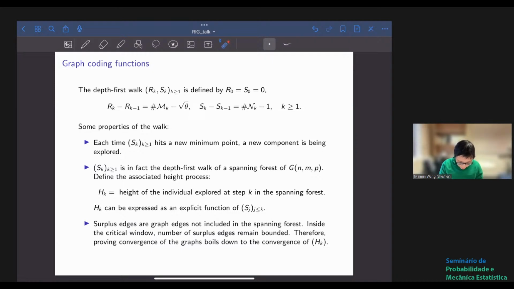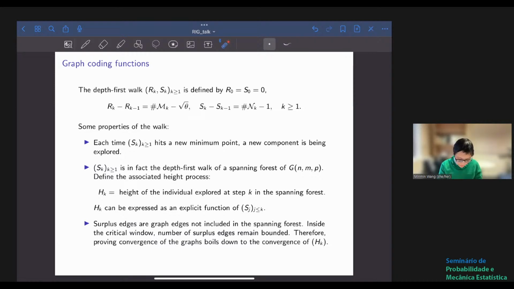Once you have the height process, that gives you the graph distance of the spanning forest. To go to the graph, what is missing is just some extra edges, which are called surplus edges. If you have a surplus edge, that means there is a cycle in your graph.